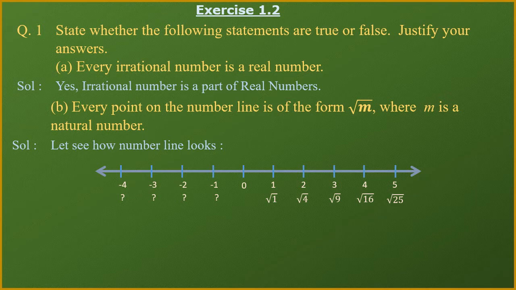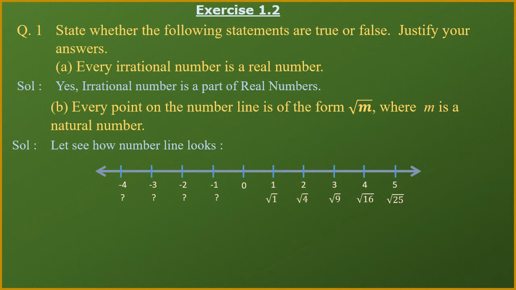In the middle of the number line it is 0, on your right side come positive numbers, and on the left side come negative numbers. First, look at the numbers on your right side. On the right side I have the numbers 1, 2, 3, 4, 5.